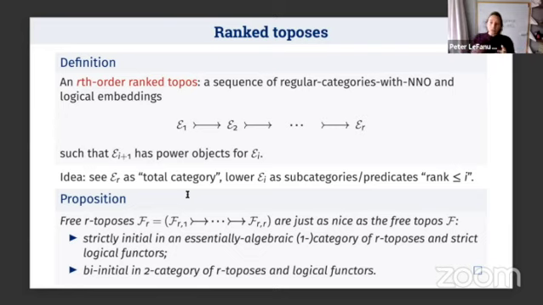But on the other hand, it's also essential that they're bi-initial in a two-category where the logical functors are not strict, since at the stage of the standard interpretation and checking its commutativity, one needs it to play well with natural isomorphisms and logical functors that aren't necessarily strict.